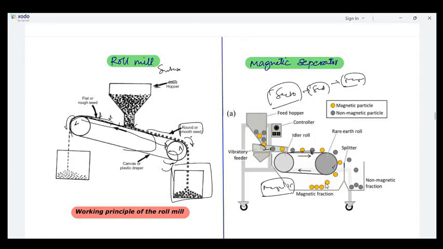The attached seeds will remain attached until the roller ends and comes to the downside, and only then will they fall. But if a seed is not attached to the magnetic surface in the first place, it will just roll and fall off to the longer length. So this is how the separation works here.